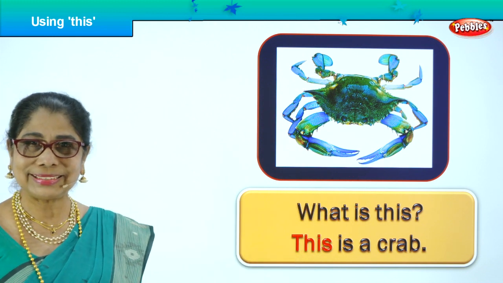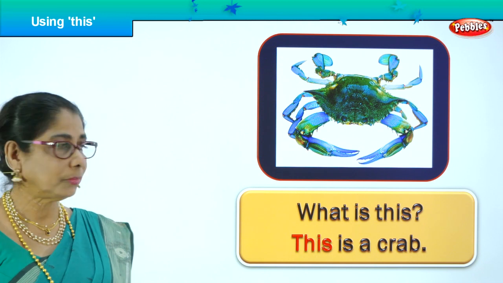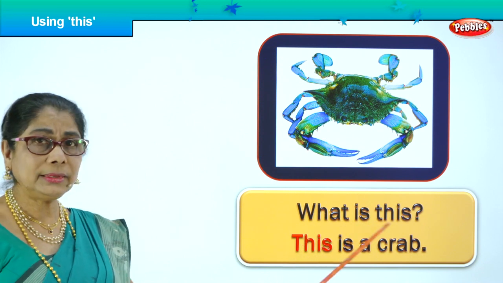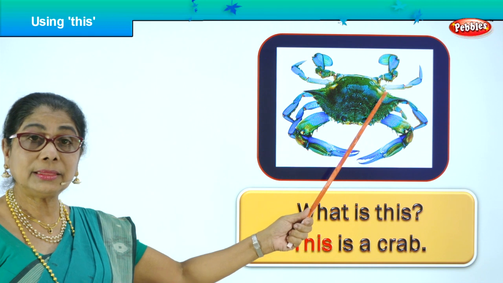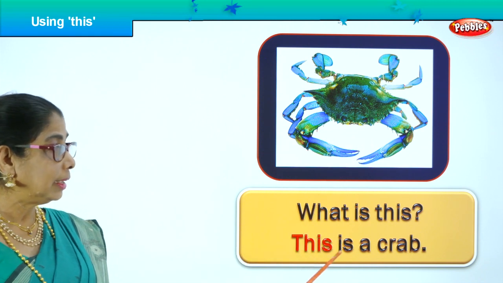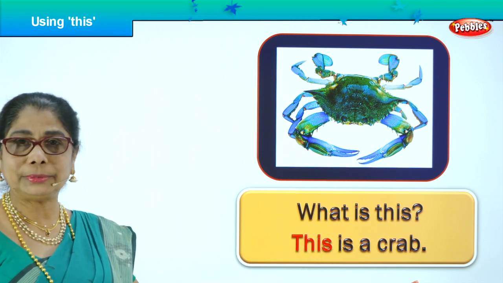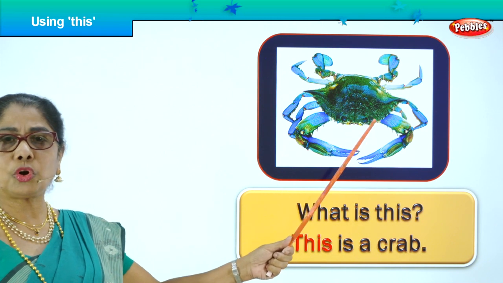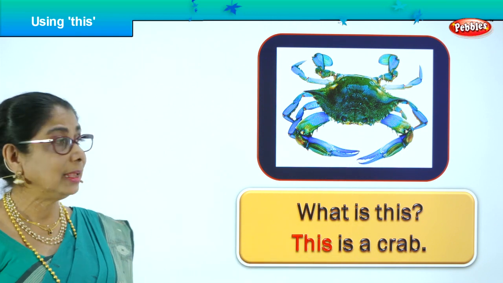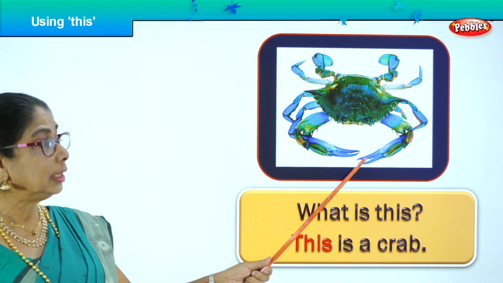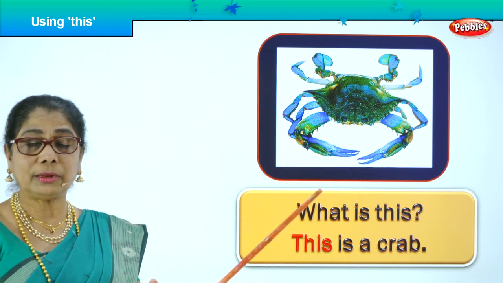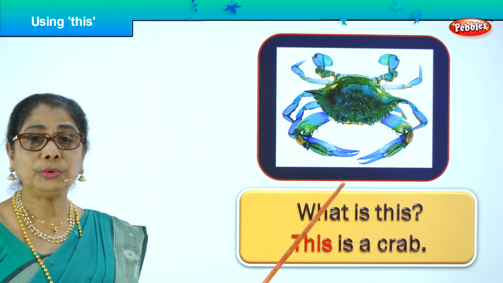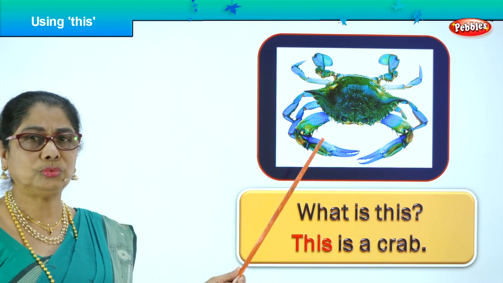Yes? Let us read. What is this? This is a crab. Crab, it will crawl sideways. Yes? And if you touch here, it will catch your finger and it won't leave you.